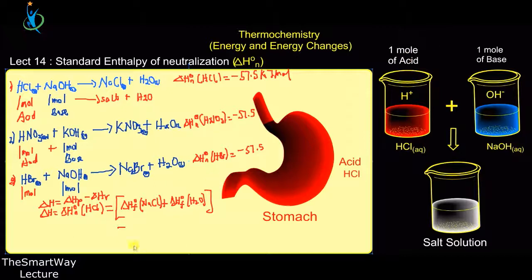the standard enthalpy of formation of the reactants. And how many reactants do we have? We have 2 products and 2 reactants. So we are also going to take the value there.